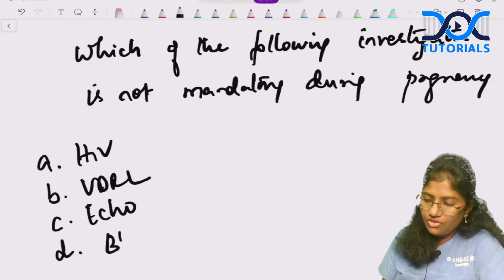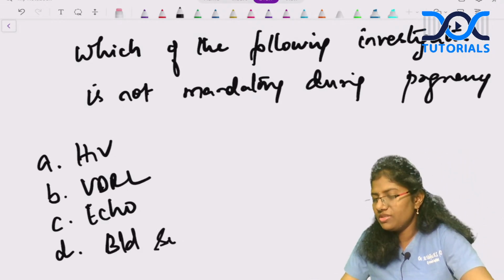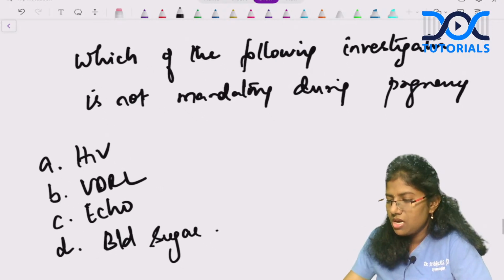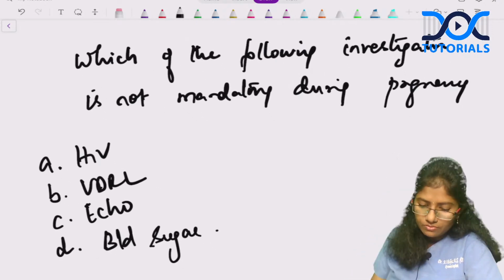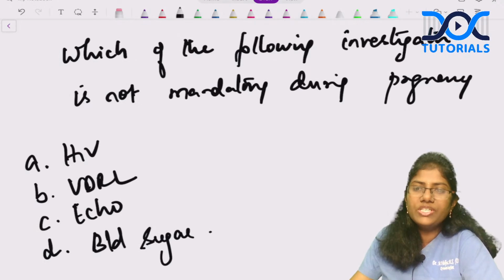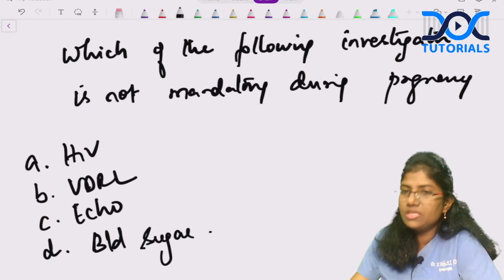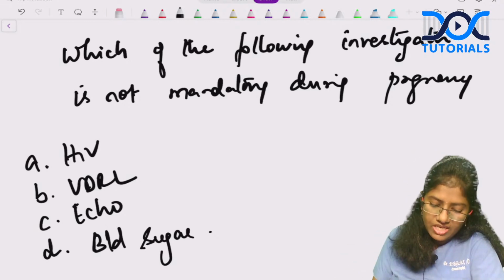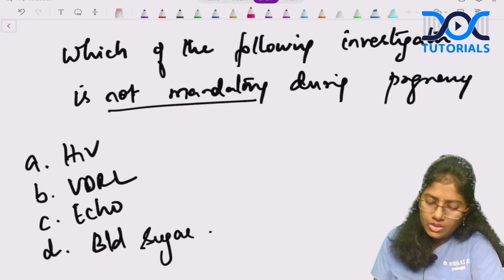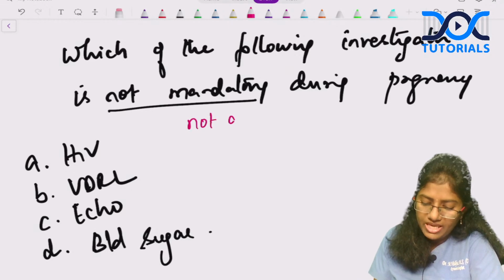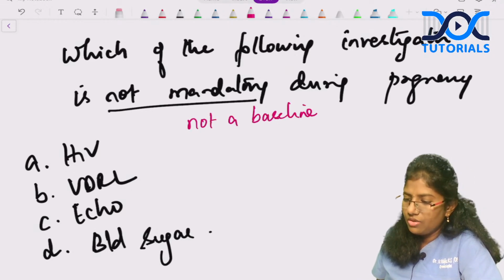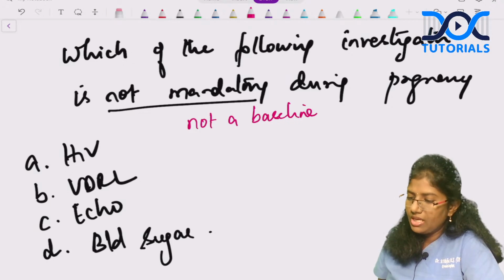What is your answer? Yashwant, Spandana, Taslima, Kanika, what is your answer for this question? Not mandatory, or in other words, not a baseline investigation. Yes, very good.